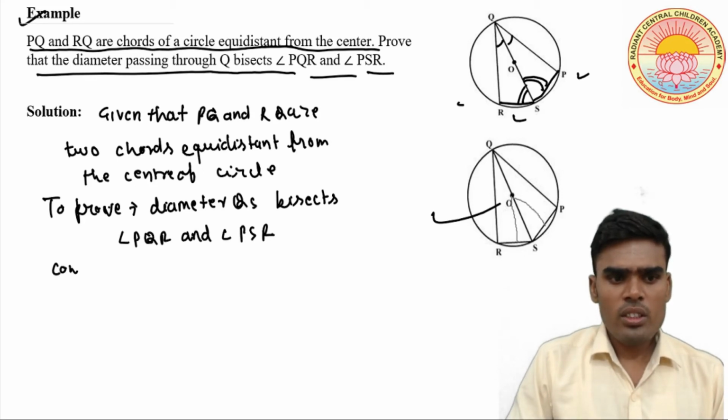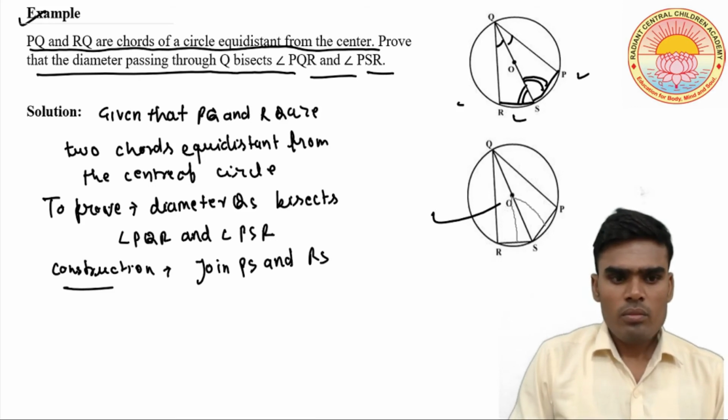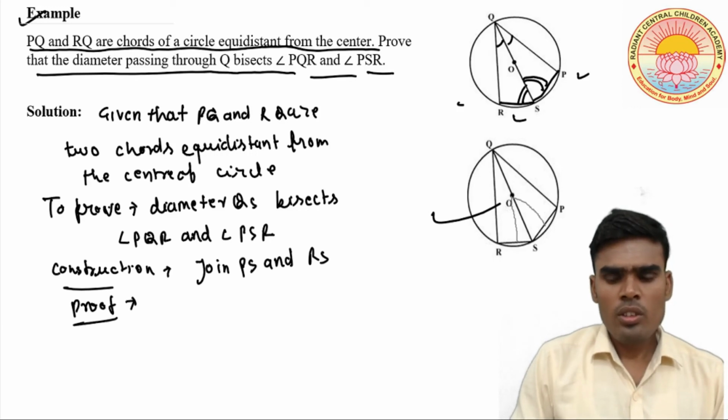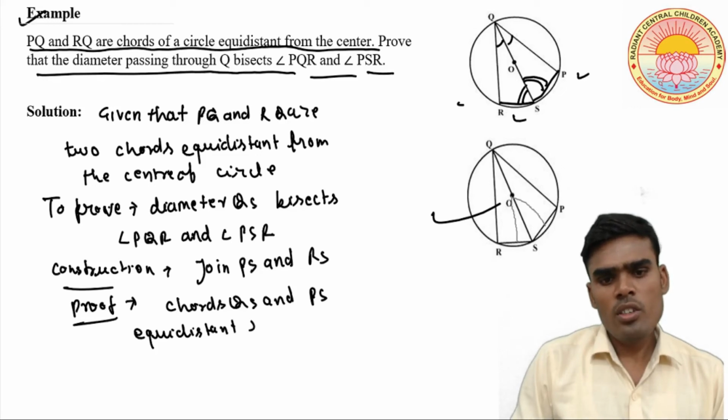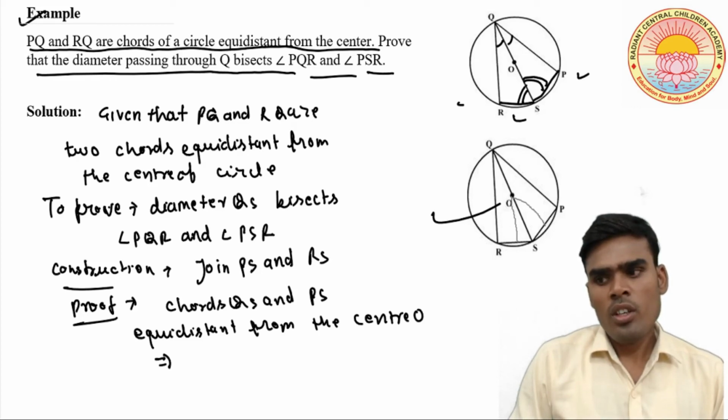So the construction is: join PS and RS. So the proof is: chords PQ and RQ are equidistant from the center O. Means PQ is equal to QR.